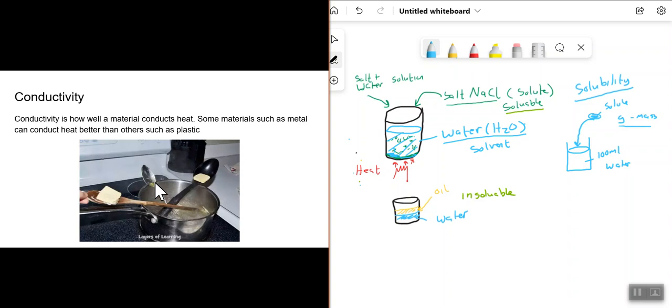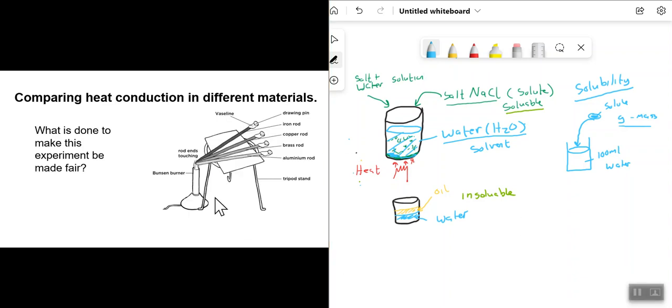So that is another physical property of materials, how well they let heat pass through them, or how well they conduct heat. We can investigate this in the laboratory as well. We can take rods of different materials, for example aluminium, brass, copper, iron, and a drawing pin made out of wood. You can put a little bit of Vaseline on each one, and then put a thumbtack on the top of each one.